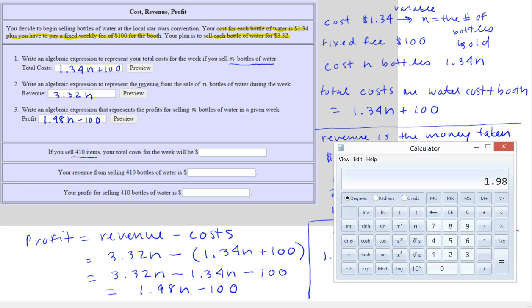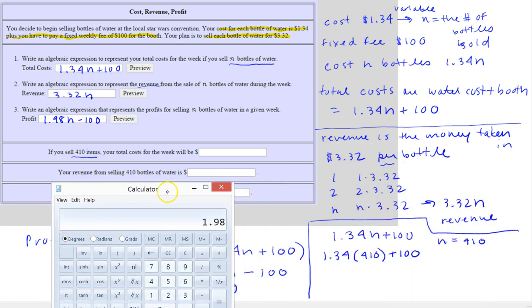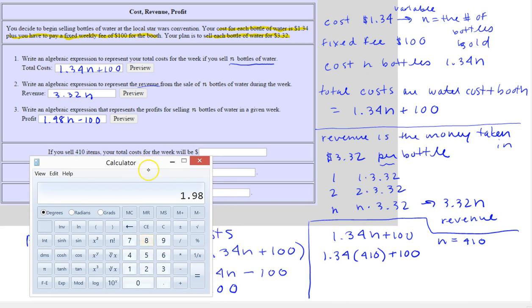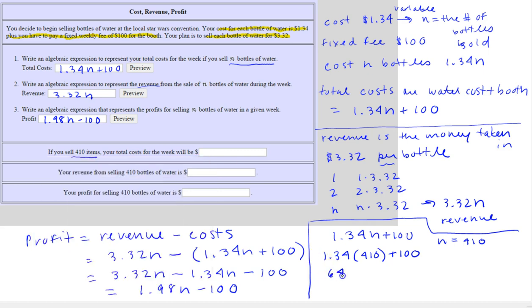And I'm going to do this on the calculator. So $1.34 times 410 bottles sold. So purchasing 410 bottles would cost $549.40, and then we have to add on the $100 for the cost of renting the booth. So our cost would be $649.40.